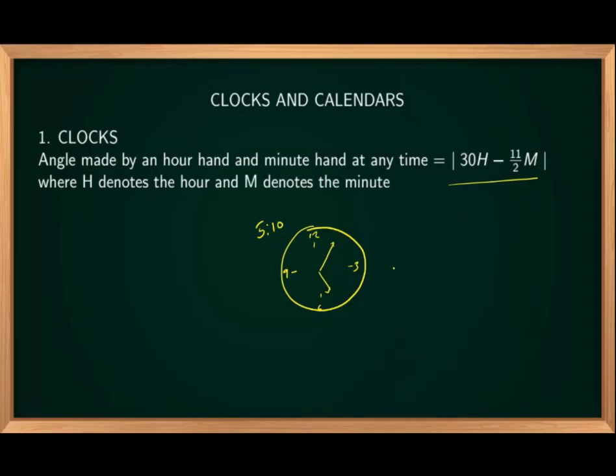You have to find the mirror image of this. Can you say what will be the mirror image time? Suppose we are placing a mirror like this. What will be the mirror image? Is it 7:50 or 6:50? Yes, 6:50 will be the right answer.